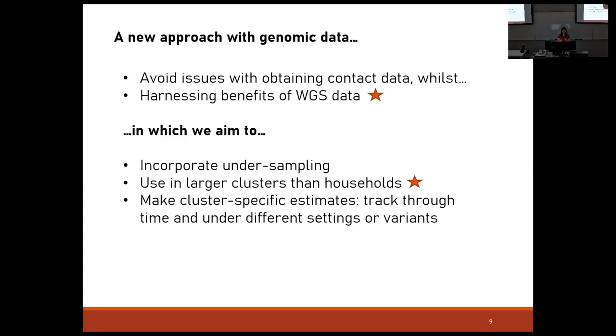In doing this, we're going to try and incorporate undersampling, that we might not fully observe all of the cases in a given cluster. And as part of that, try and set up a method which is intended for larger clusters than households.